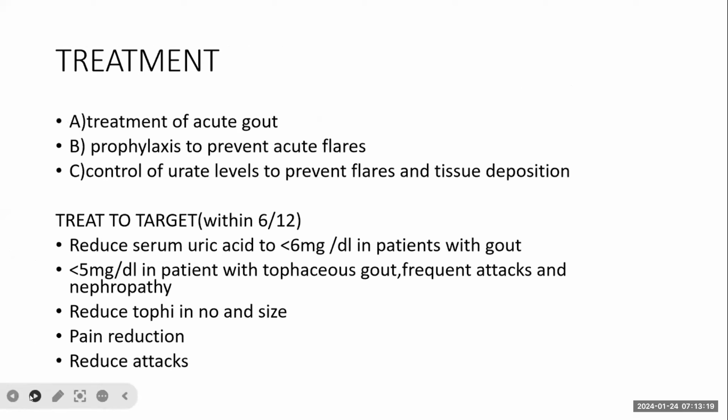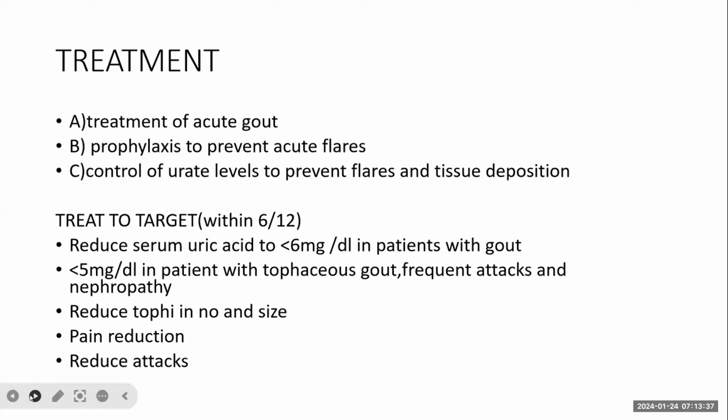Treatment of the patient is basically divided into 3: treatment of the acute gout, prophylaxis to prevent acute flares, and then control of the uric acid level when the patient is stable to prevent increased deposition in tissues and recurrent attacks. We have what we refer to as treat to target, which is usually done within 6 months.